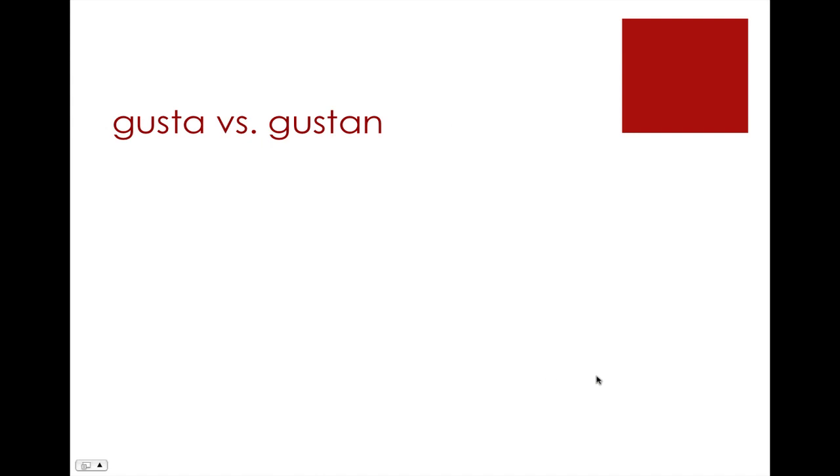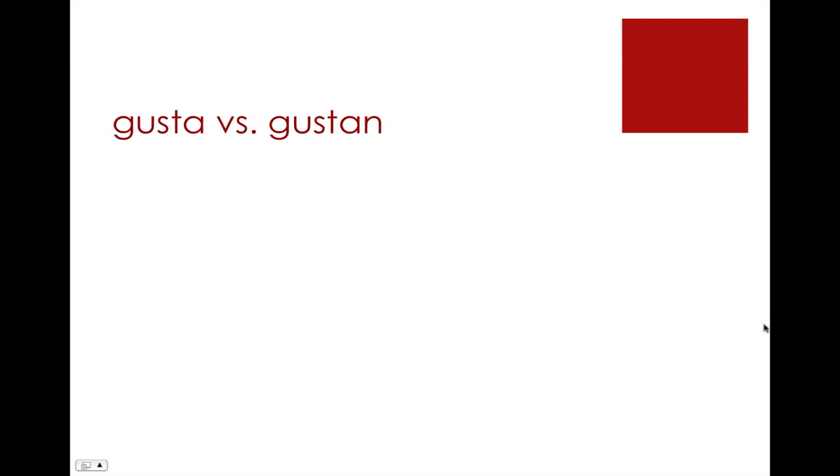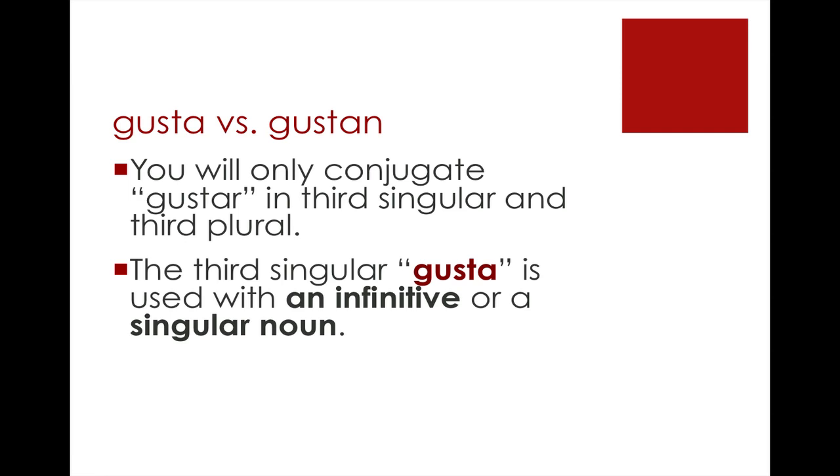Now, what is the difference between gusta and gustan? If we look at our conjugation chart, we have 2 choices in each of the boxes, gusta and gustan. So what are their differences? With verb gustar, you will only use the third singular and the third plural. The third singular is the verb gusta, and it is used with an infinitive or with a singular noun.